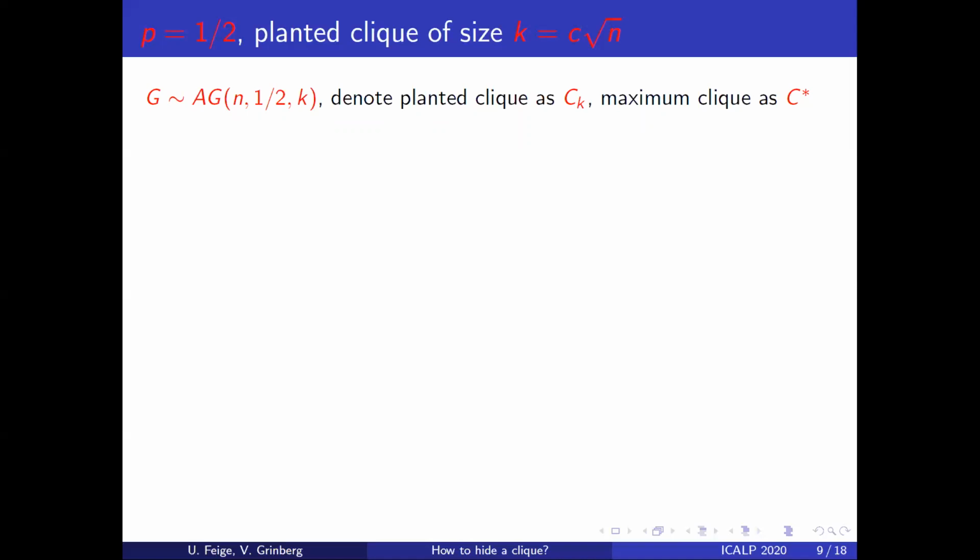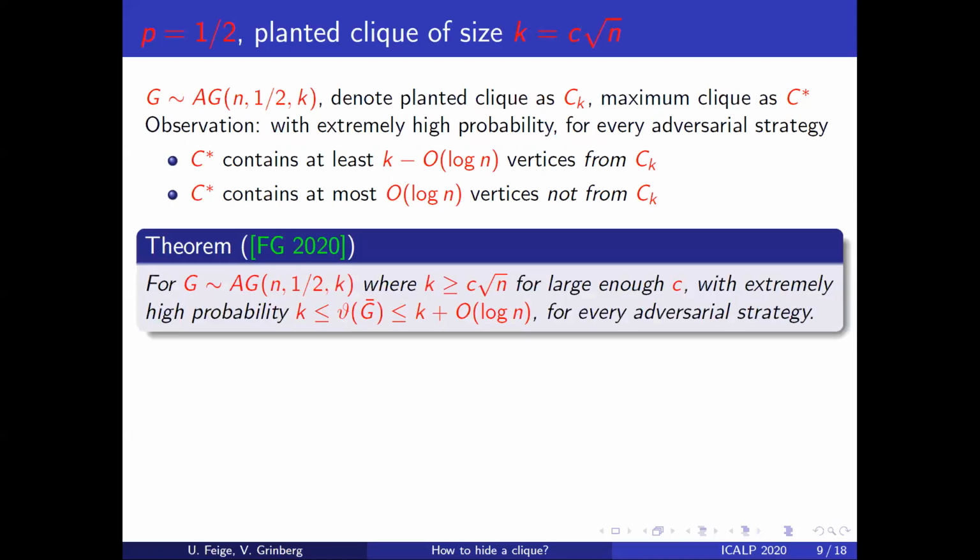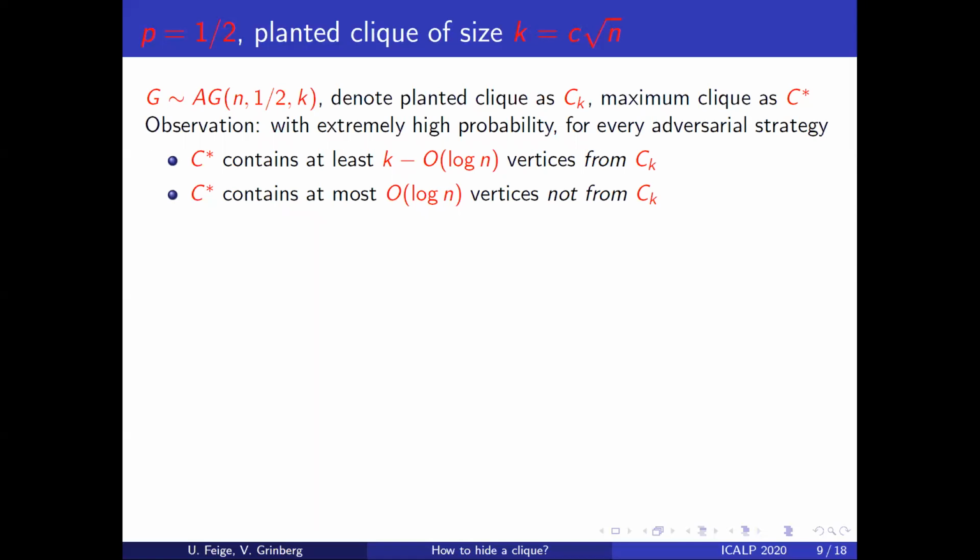Moving to our algorithm, let C_k denote the planted clique in a G(n,1/2,k) graph and C* denote the maximum clique. One can observe that with extremely high probability, for every adversarial strategy, C* and C_k differ in at most log n vertices. So we can expect that since the maximum clique is not very different from the planted k-clique, the value of the theta function may also not be too far from k.